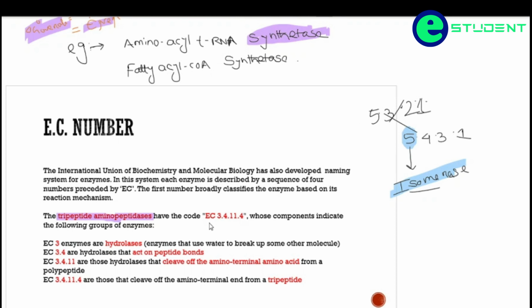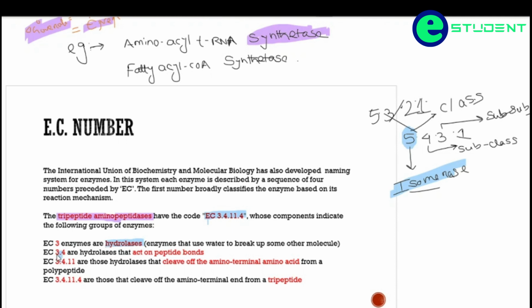Okay, next, here is an example, EC 3.4.11.4. So 3 is the class of enzyme which belongs to hydrolases. So this is a hydrolase enzyme, and beside that the first number denotes the class, the second denotes the subclass, and the third denotes the sub-subclass.